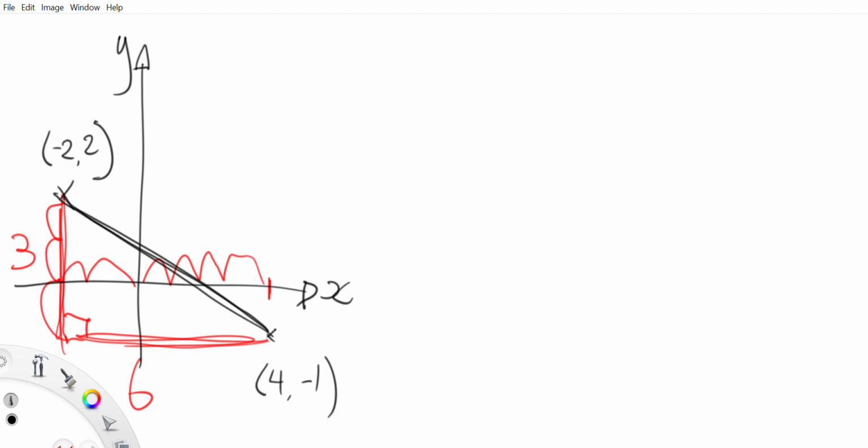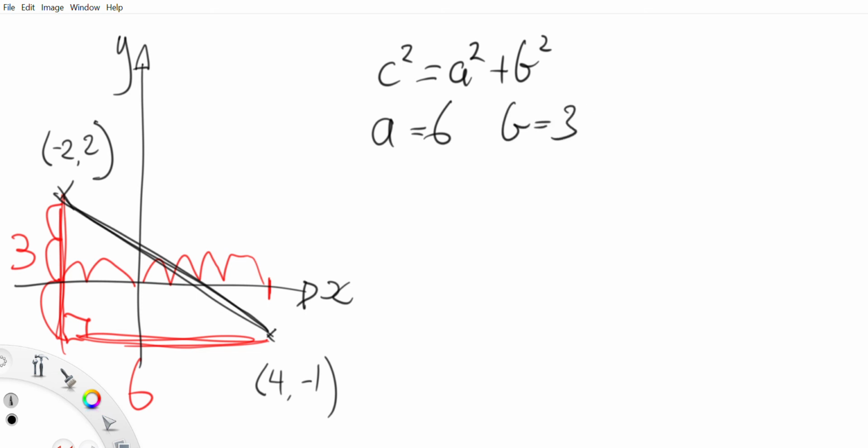Then what we need to do is do our good old c squared equals a squared plus b squared. Let's say a equals 6 and b equals 3. Then we can substitute those in. So c squared equals 6 squared plus 3 squared. 6 squared is 36 plus 3 squared, which is 9.